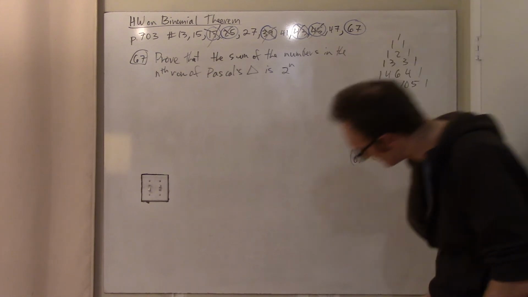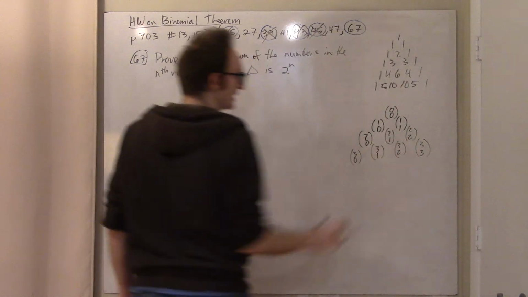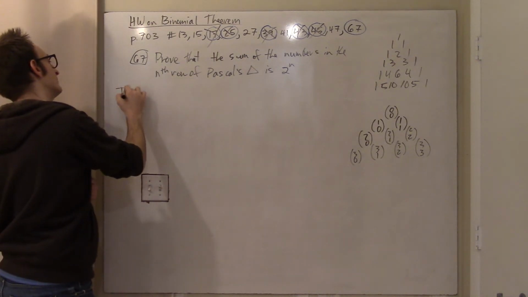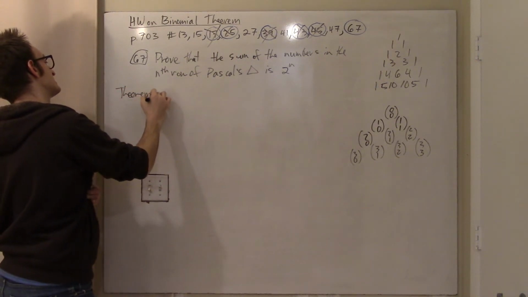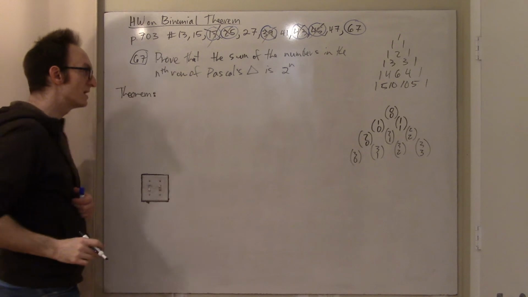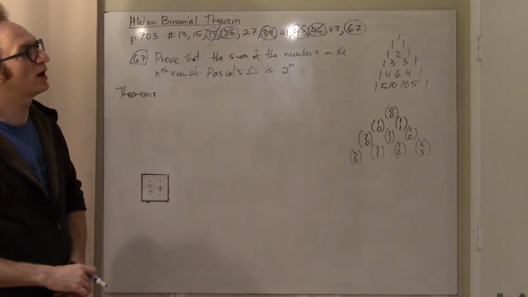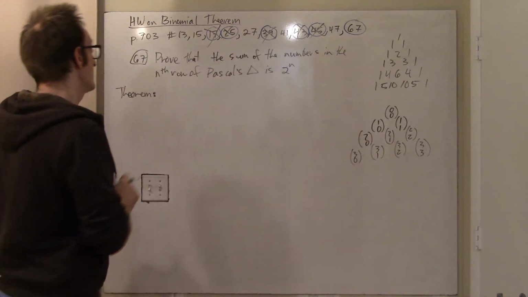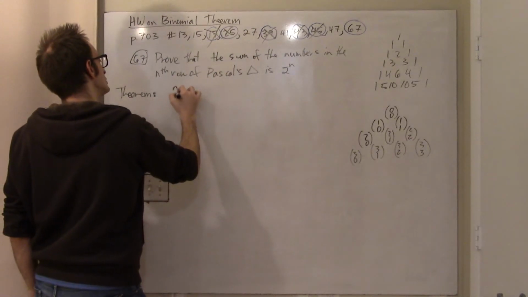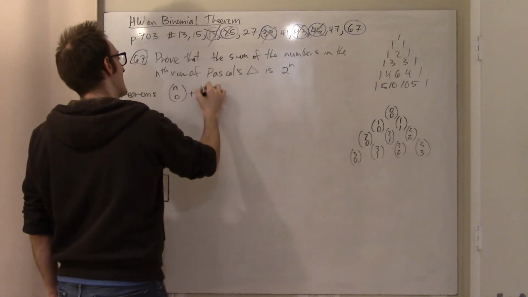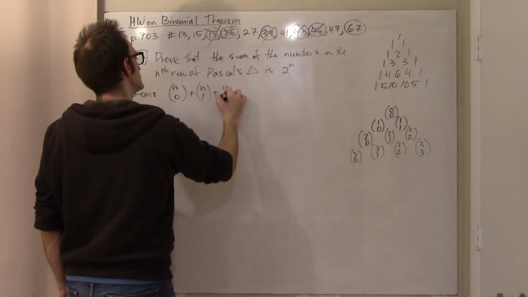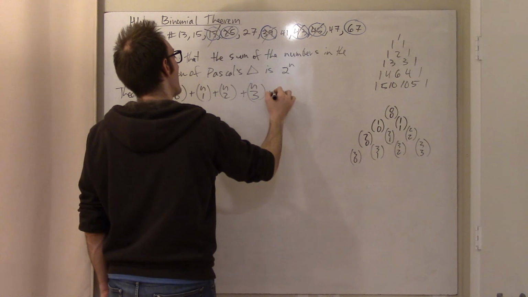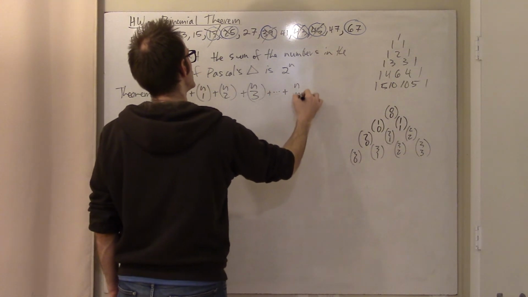Now we're starting to see what really is supposed to be shown here. If you want to state this theorem more generally, the theorem is that if you go out to the nth row, what is the nth row of Pascal's triangle? It's n choose 0 plus n choose 1 plus n choose 2 plus n choose 3, all the way out to n choose n.